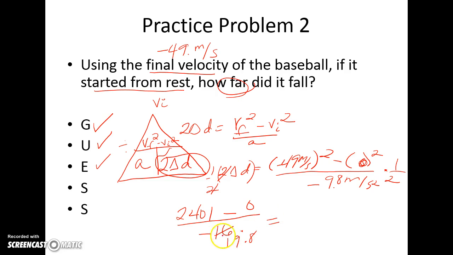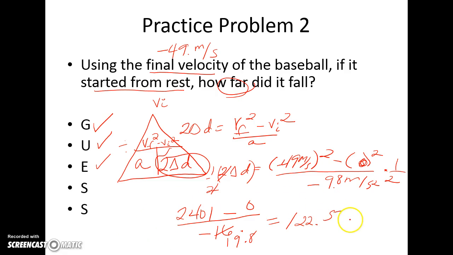Math, equals. So I've got 2,401 divided by negative 19.6, because the minus 0 obviously does nothing for me. And I should get 122.5. Now we're talking displacement.